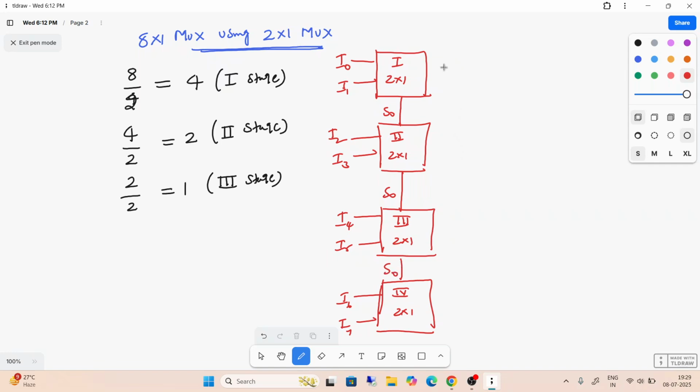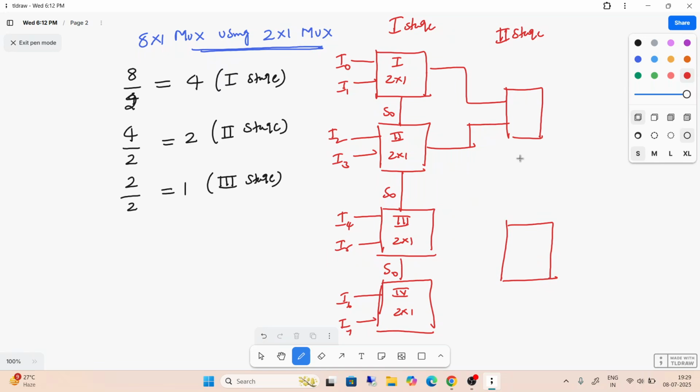The outputs are given to two more 2 cross 1 muxes. This is the first stage. In the second stage, you have two 2 cross 1 muxes.